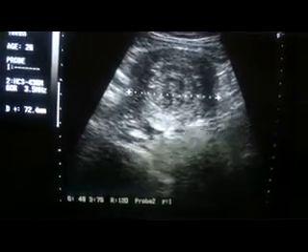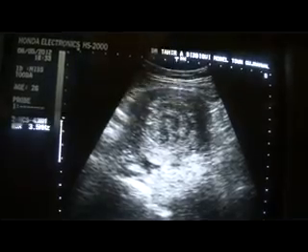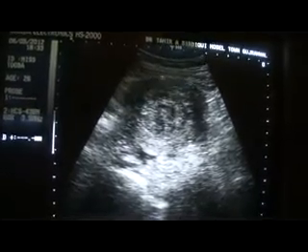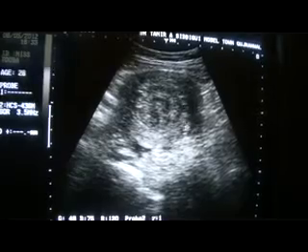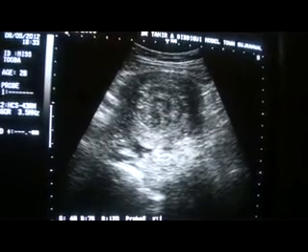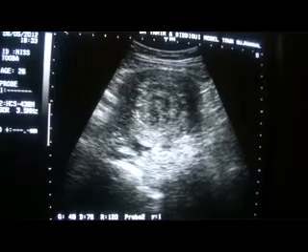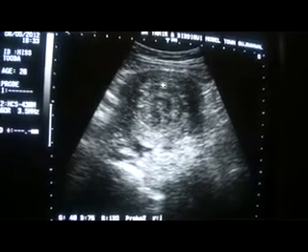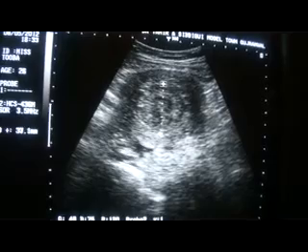Now, this is the anterior wall of the uterus, the anterior myometrium, the fundus of the uterus, the posterior wall in longitudinal section, and this is the uterus in transverse section, anterior wall, posterior wall. This is the longitudinal section, this is the transverse section.